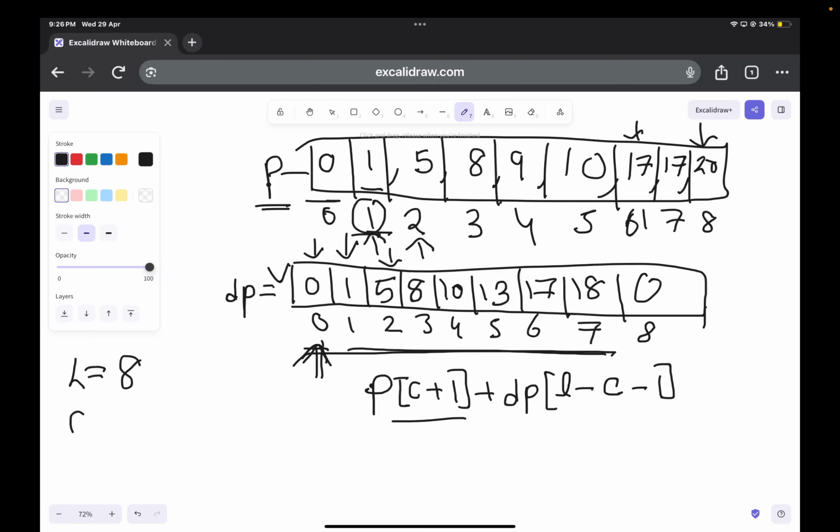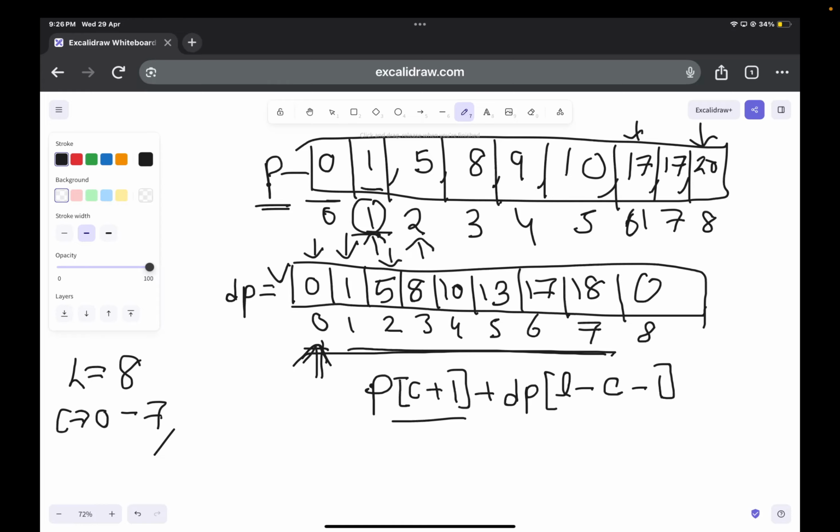So everyone observe. I can cut c equal to 0 to 7. And when I say 0 to 7, the prices will be cut plus 1. Why cut plus 1?